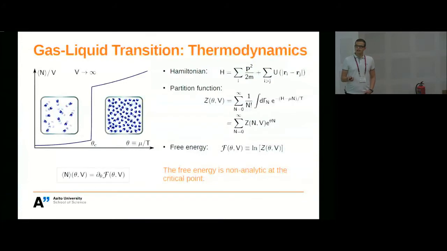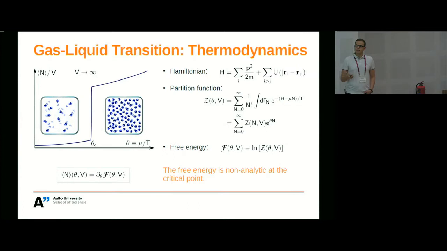So the system is the following. We have a gas confined in a very large container, so the volume is infinite for all practical purposes. And this container is in contact with a thermochemical reservoir, which has chemical potential mu and a temperature T. Now what I'm plotting here is the density of particles inside the container as a function of this dimensionless parameter theta.